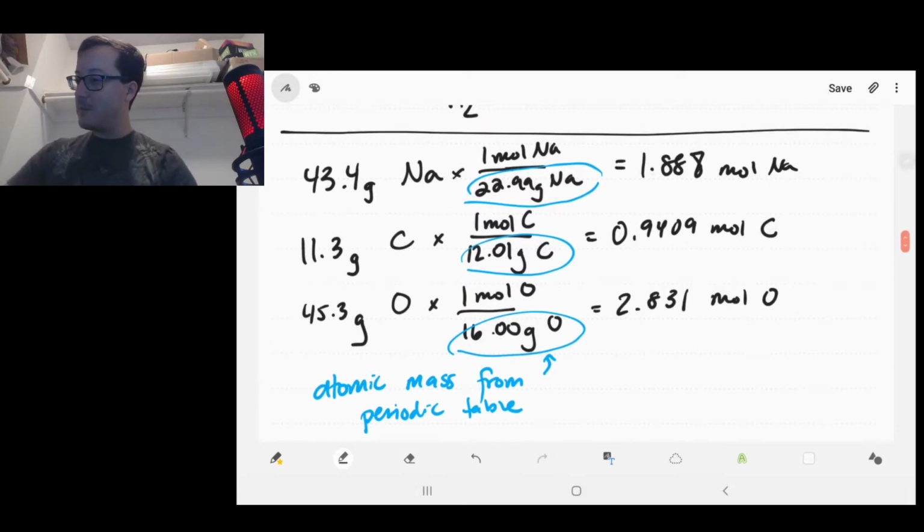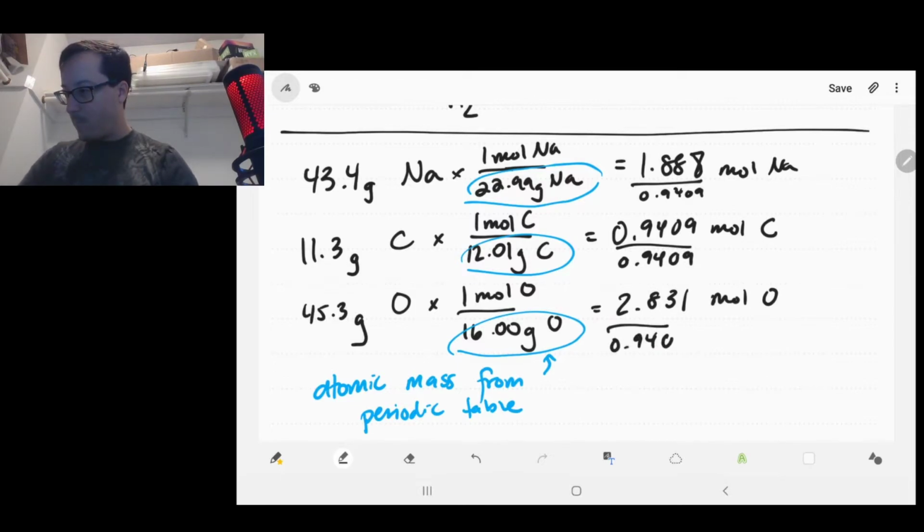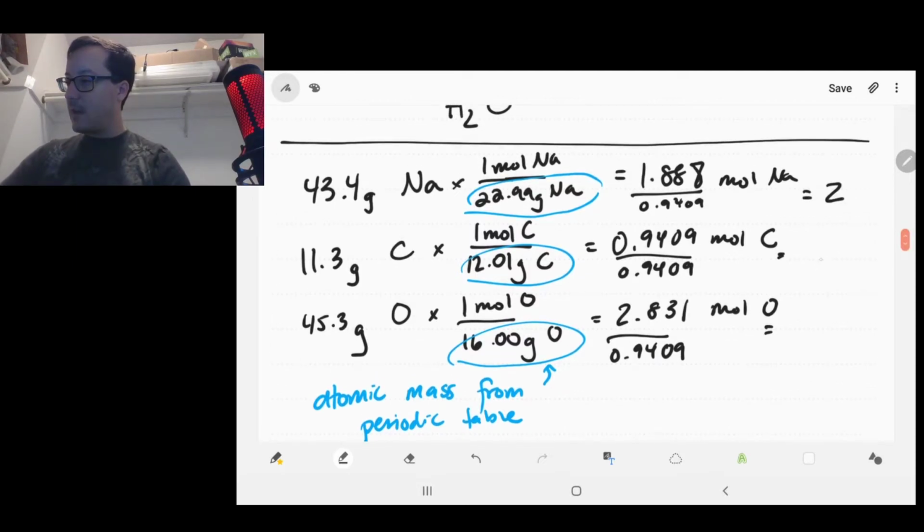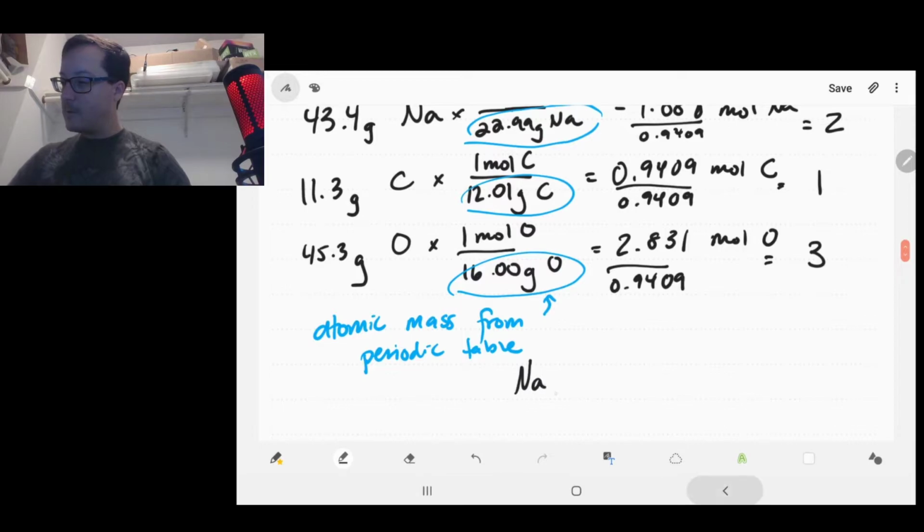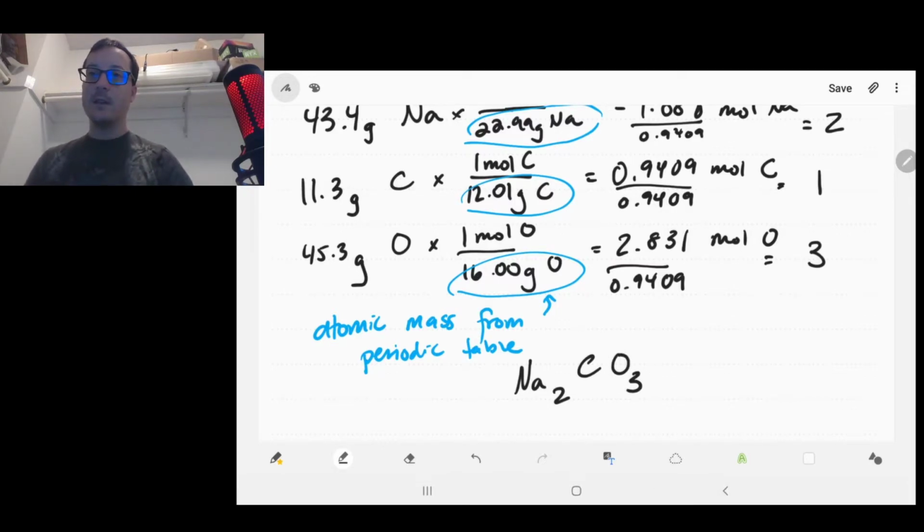You're always going to want to be systematic about it and do your math. So we're going to divide these all by the smallest number. I'm going to just go ahead and say, yes, these are the numbers we get. These should be pretty exact. Like it might be 2.999. That's close enough. And so with that, we get 2 sodiums, 1 carbon, and 3 oxygens out of this.